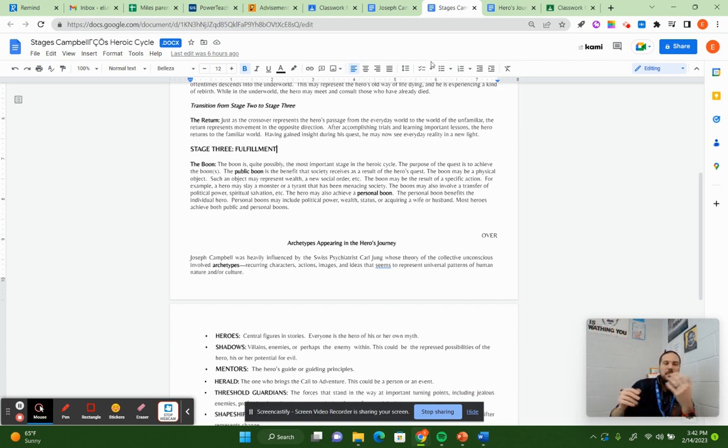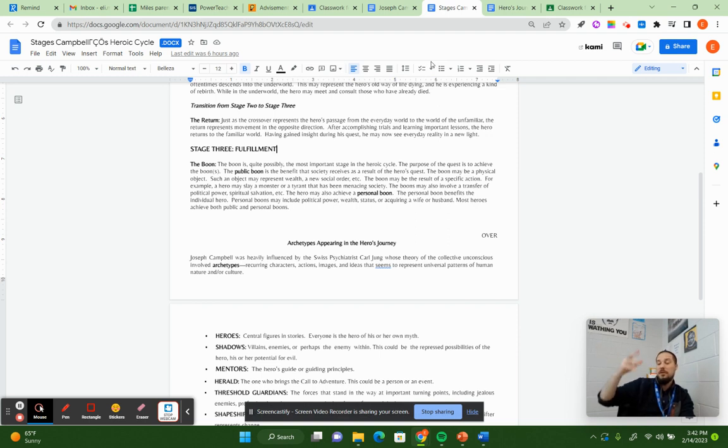So at the end of the Harry Potter series, Harry Potter grows up. He has kids. He teaches those kids the lessons that he's learned. Luke Skywalker, the movie doesn't end after he blows up the Death Star. He has to come back. He has to get his medal. He has to show the world that, yes, I am Luke Skywalker and I have come back to put the galaxy back together again, right?